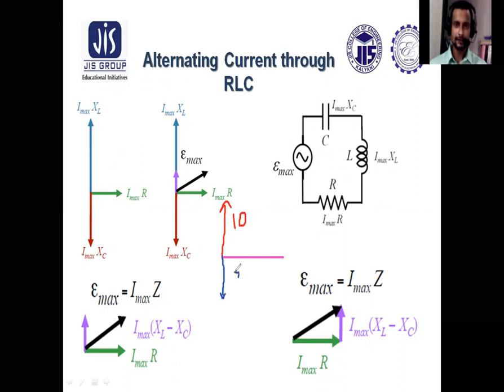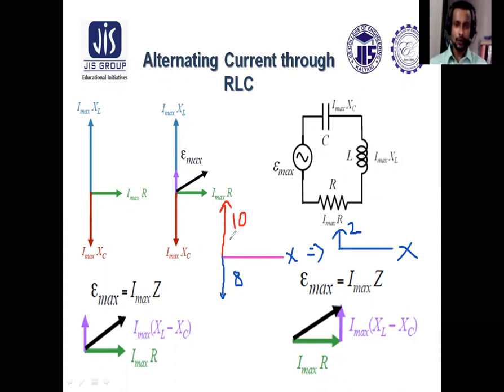This magnitude is 8, and this is in the negative direction. This is the reference axis, the 0 axis or x axis. Now, what should be the resultant? The resultant should be 10 minus 8, that is 2. 10 is positive, 8 is negative, so the resultant will be 2, positive. As it is positive, it will be in the upward direction.